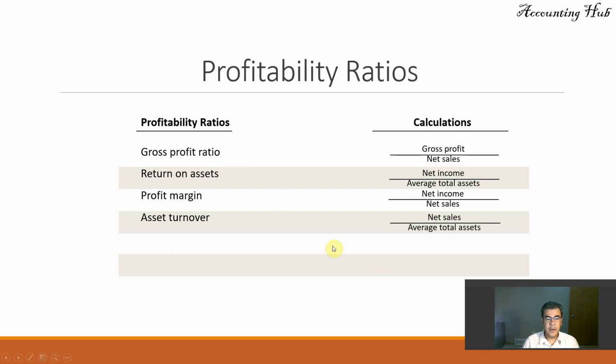Then we have return on assets. Net income divided by average total assets. This is very important when we are comparing more than one company. We have two different sizes company. We have a local coffee shop and we have, for instance, Starbucks. Of course, Starbucks will have a much higher net income than the local coffee shop.